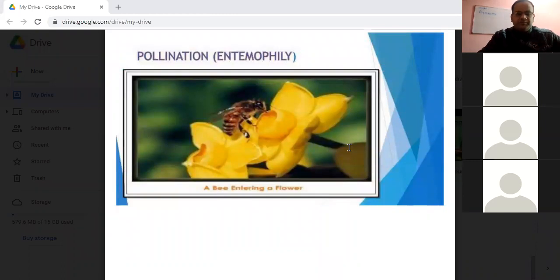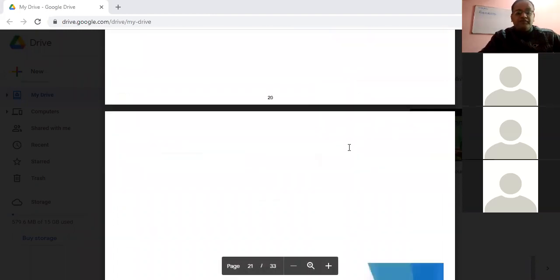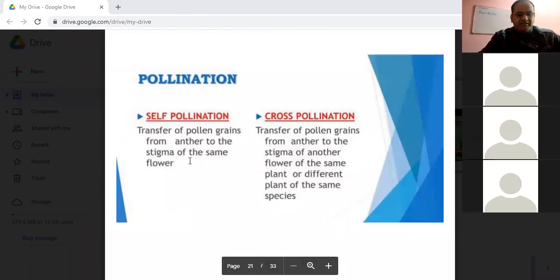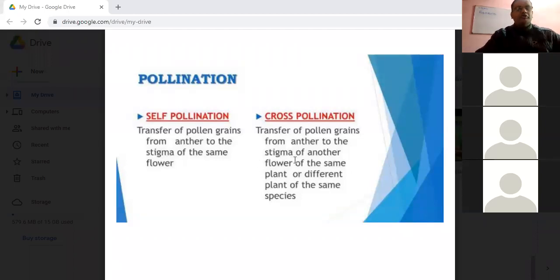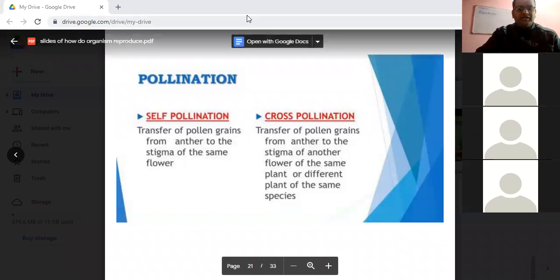Pollination is a phenomenon where the pollen from the anther will come and sit over the stigma, or we can say the process of transfer of pollen from anther to the stigma of the same flower of the same plant is called self, and of another flower of another plant, but of the same species, is called cross pollination. Is there any confusion regarding self and cross pollination?